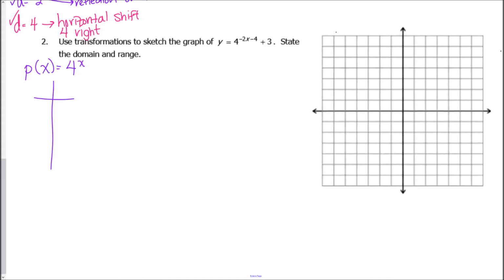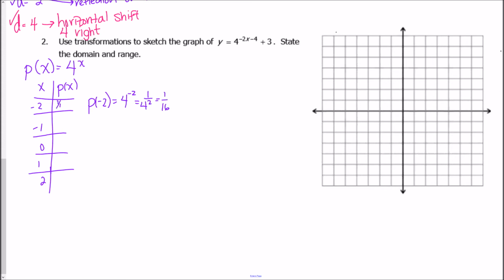So I'm going to go ahead and make my chart for my parent function right here, and I'm going to look at it from -2 all the way up to +2, just like we did before. And I'm going to find out all my values. So P of -2 is going to be 4 to the power of -2, or 1 over 4 squared, which means I get 1/16.